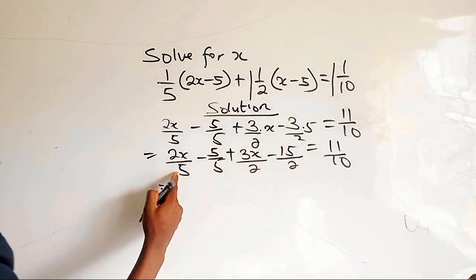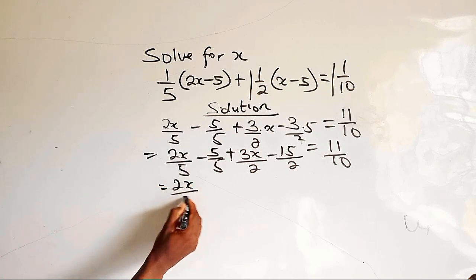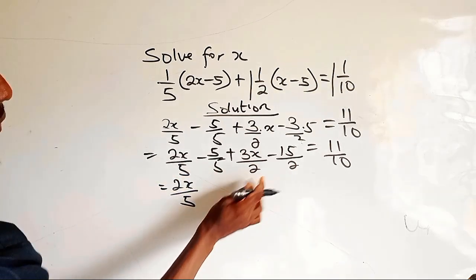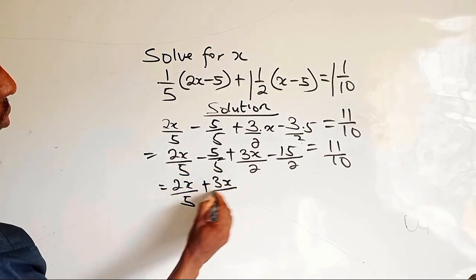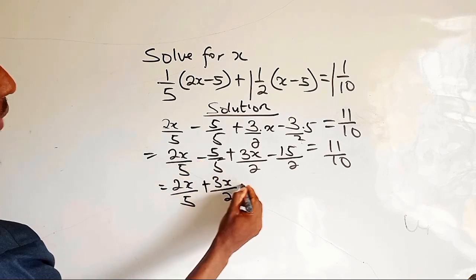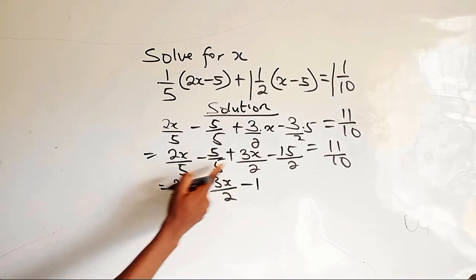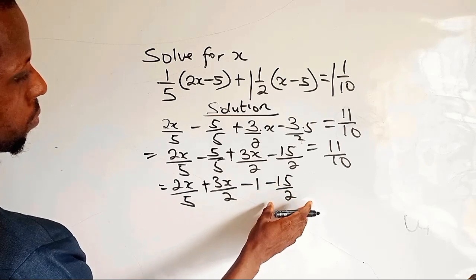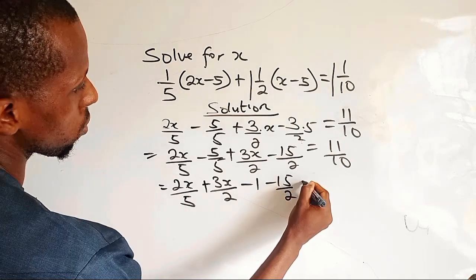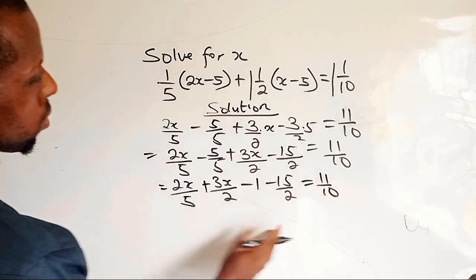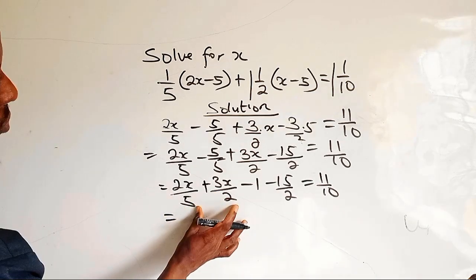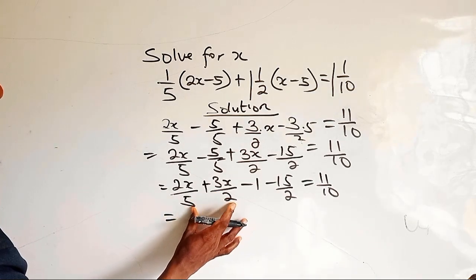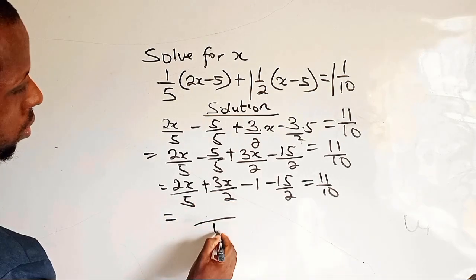So from here now we have 2x over 5 plus 3x over 2. This one is minus 1, minus 15 over 2, equals 11 over 10. So when we solve this, we can undo this by looking for the LCM, which is 10.